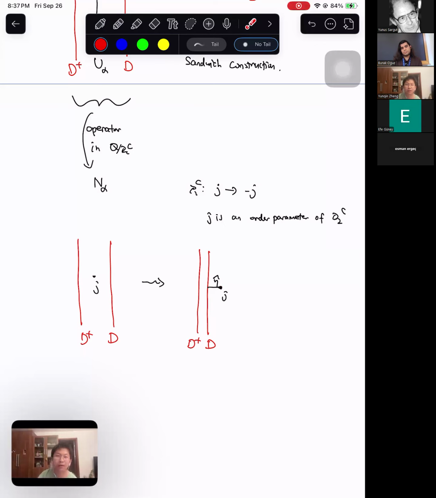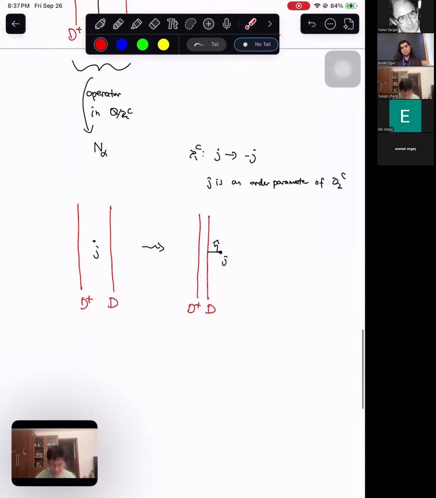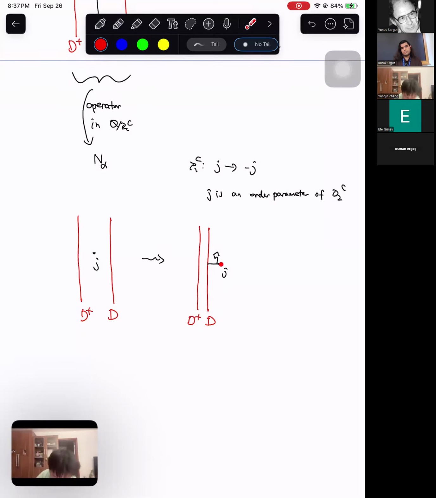And the disorder parameter just means that this J is attached to the quantum symmetry line in the gauged theory.